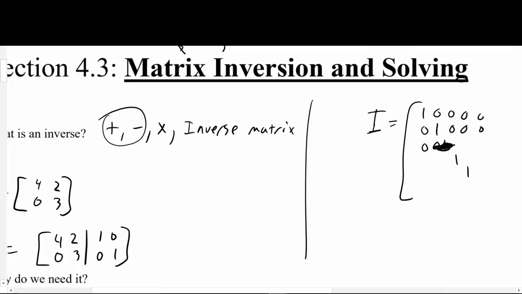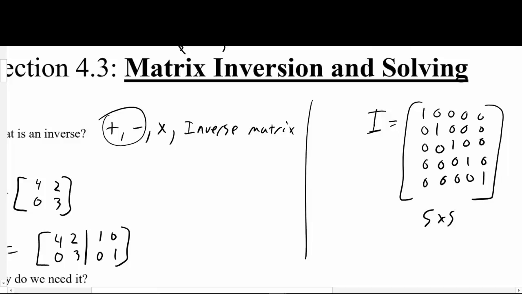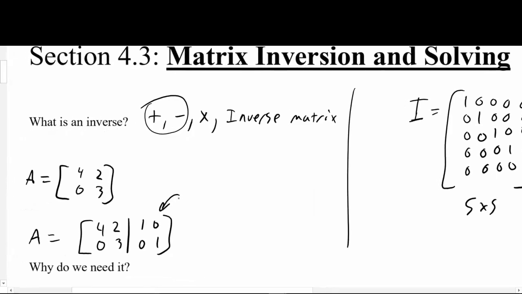The idea, though, is it's all ones and zeros. And the ones will always go in the diagonal. There we go. And the zeros go everywhere else. So that would be a very large identity matrix. Whatever this is, let's see, 1, 2, 3, 4, 5, a 5, 1, 2, 3, 4, 5. Good, it's a square. 5 by 5. But this one is much smaller. This one's a 2 by 2.